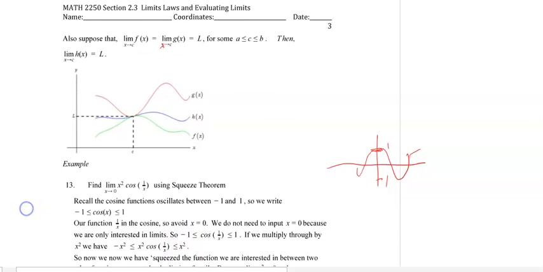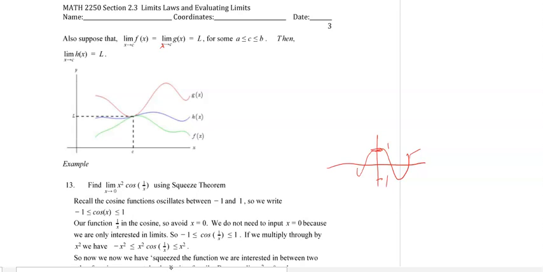And then what we can do next is to find the limits of the outside functions, the -x squared and the x squared. And if the limits of these two functions as x approaches 0 are equal, then we know that the limit as x approaches 0 of this middle function x squared cosine 1 over x will also be equal to the same value.